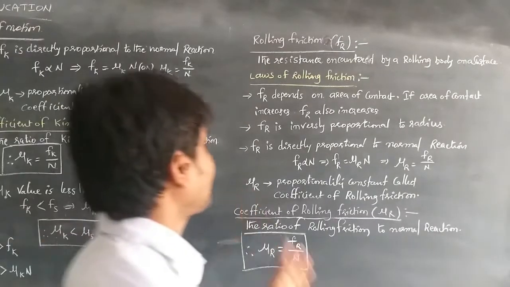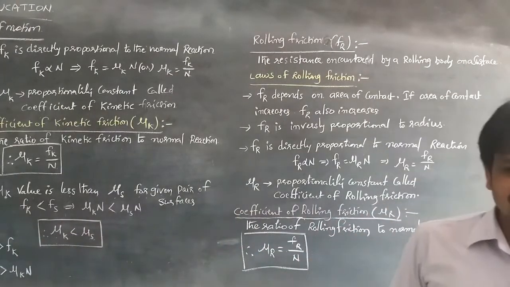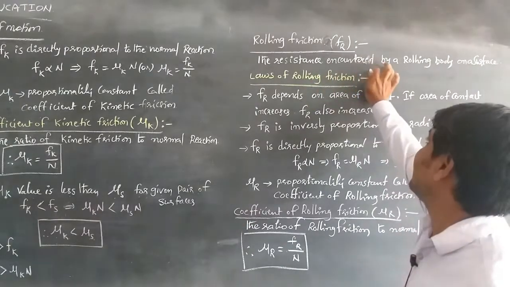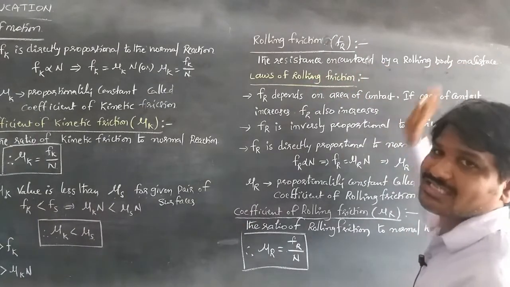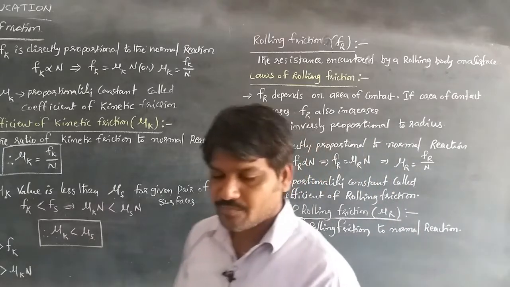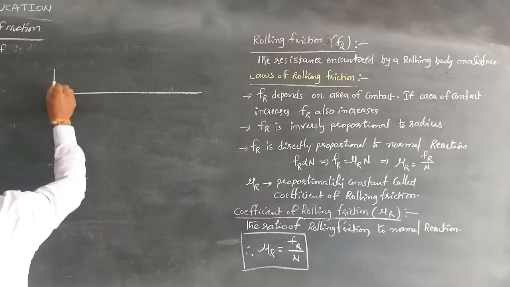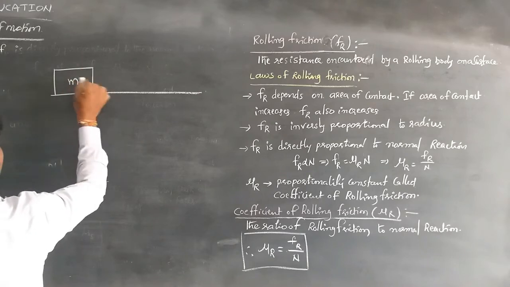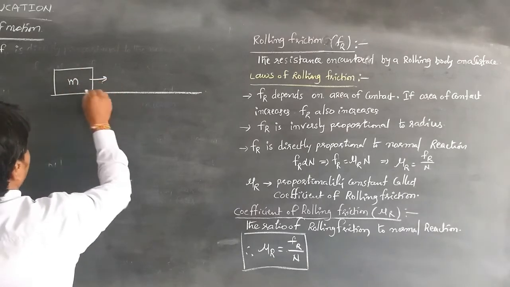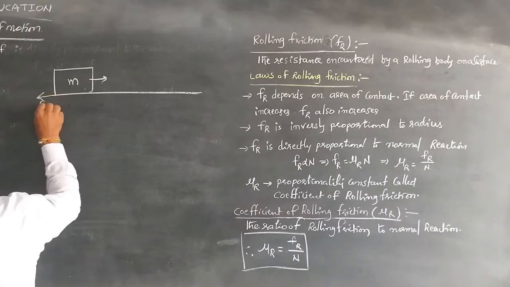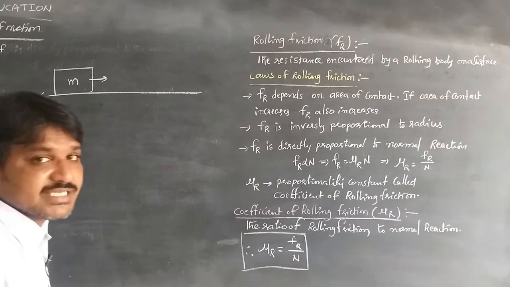So rolling friction, here we know that it is the resistance encountered by a rolling body on a surface. If the body is in static condition, with mass m, the static friction Fs acts in this direction.